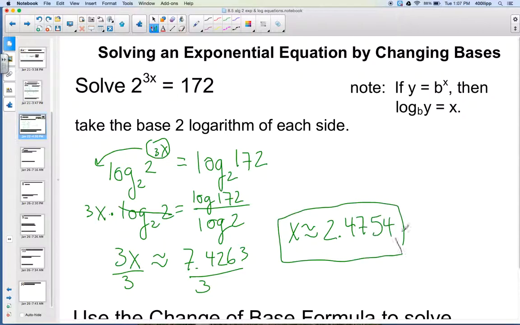And we can plug that in to make sure that we are correct. So you can actually do times 3, which is 7.42, and then 2 to that power will give you 172.